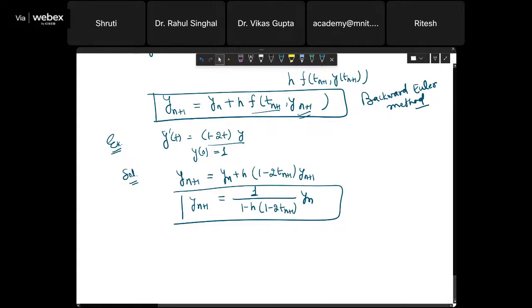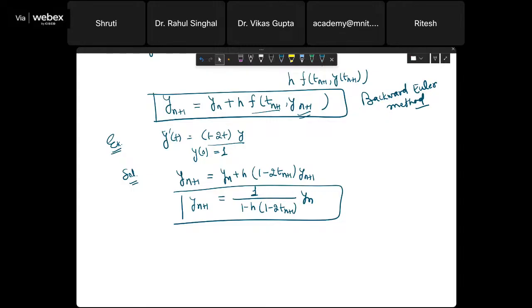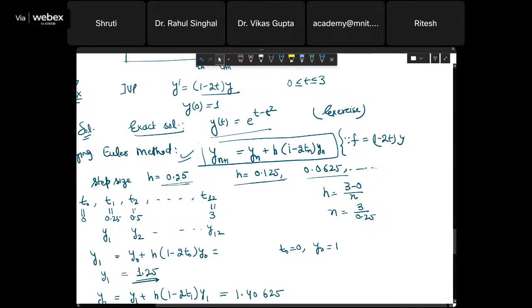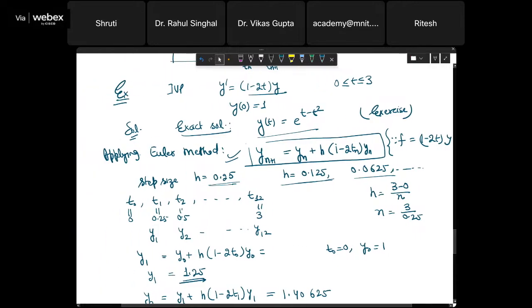Here also you can list down all the approximate solutions along with the actual solution for the step size. Okay, and then you can see that this is not the same problem, I guess. No, it's the same problem. Okay, so we can compare.